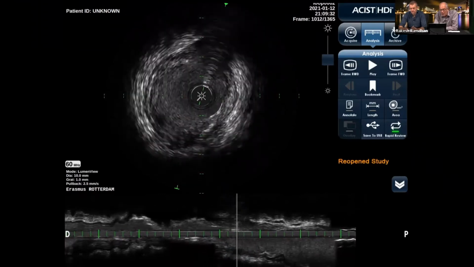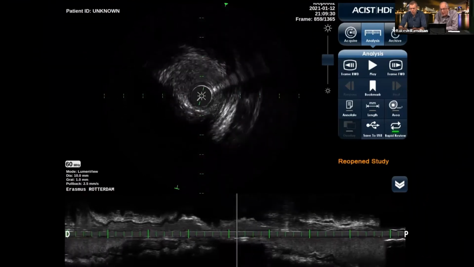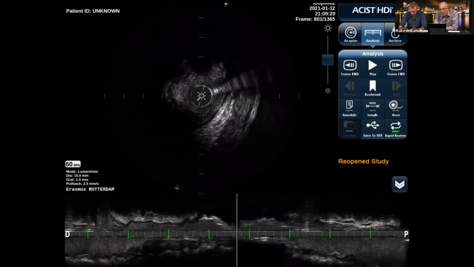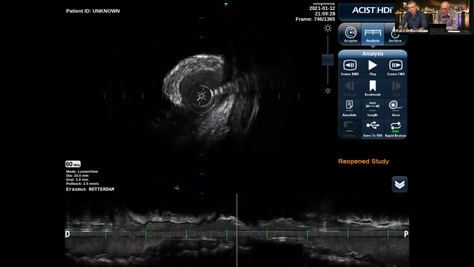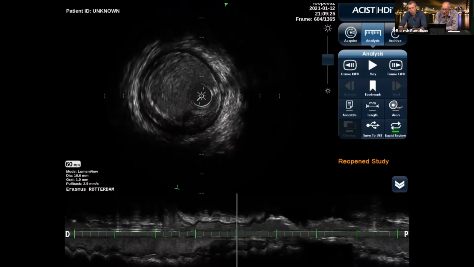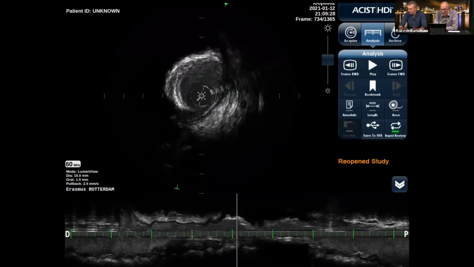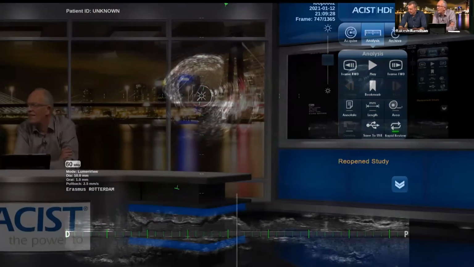Now definitely we have more lumen at the MLA. Thrombus is removed. Some thrombus is still there, but definitely something is removed.